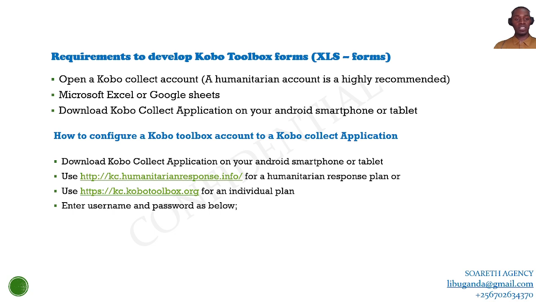So how do you configure your Toolbox account to the Kobo Collect application? After downloading the application, you enter the details as you're going to see below. This is the link you use if you have a humanitarian response plan, and this is the link for the individual plan.